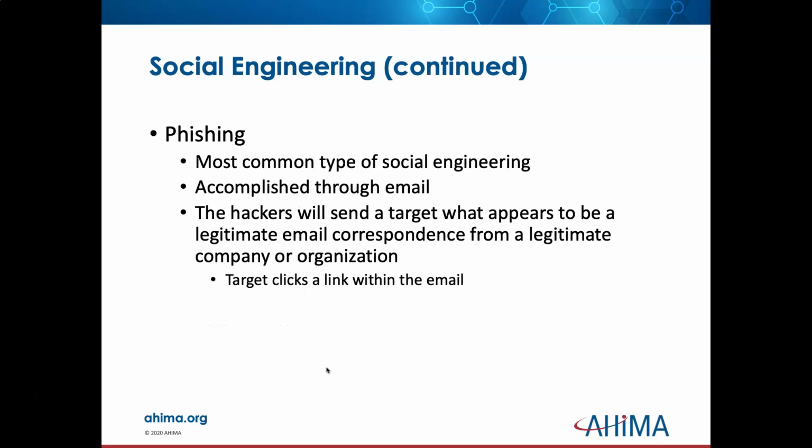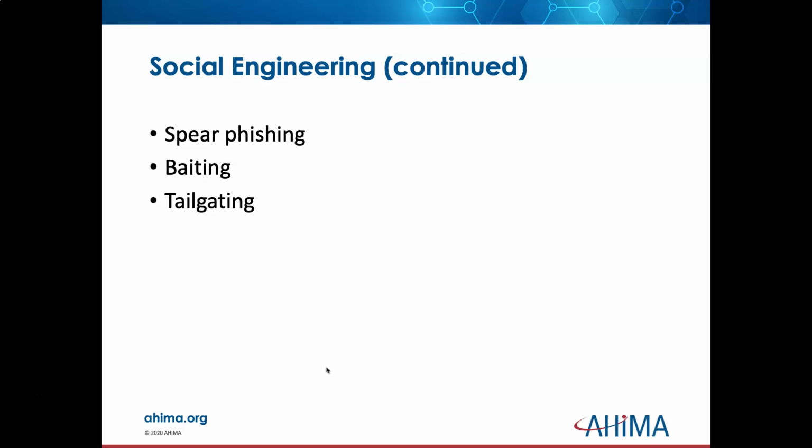So phishing is the most common type of social engineering. It's accomplished through email, and they send what looks like a legitimate email, and then unfortunately, if you click on it, you have just opened your system wide open to something you should not have. There's also spear phishing, and that's similar to phishing, but the hacker has to do more work.